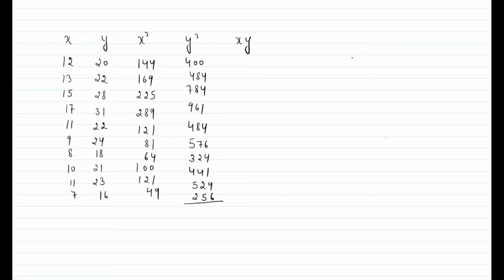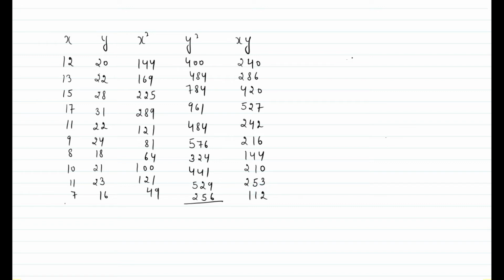So x multiplied by y, that is 12 multiplied by 20 comes out to be 240, 13 multiplied by 22 is 286, 15 multiplied by 28 gets 420, 17 multiplied by 31 is 527, 11 multiplied by 22 is 242, 9 multiplied by 24 is 216, 8 multiplied by 18 is 144, 10 multiplied by 21 is 210, 11 multiplied by 23 is 253, 7 multiplied by 16 is 112.